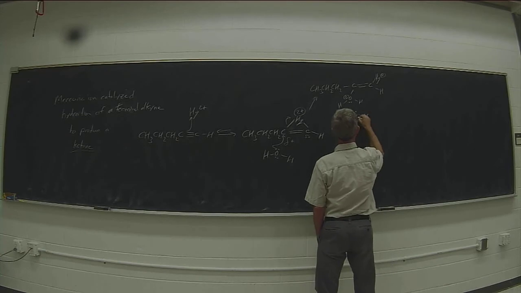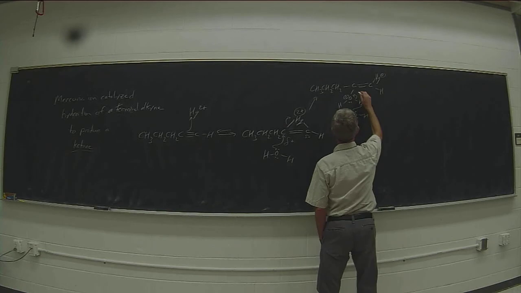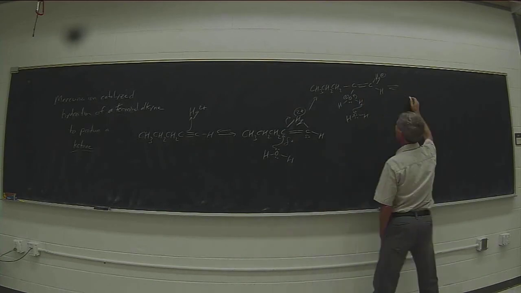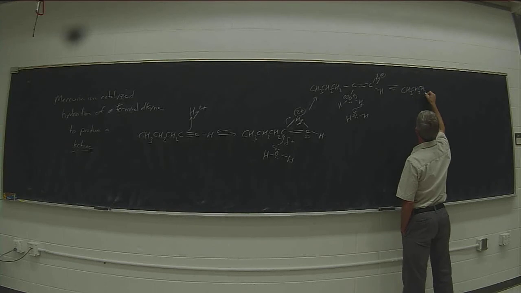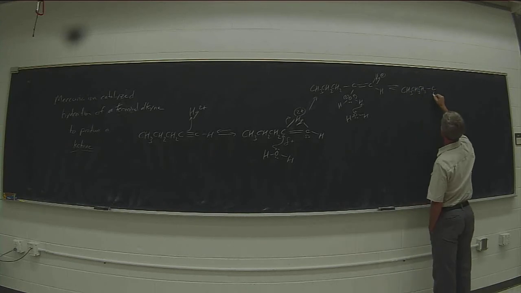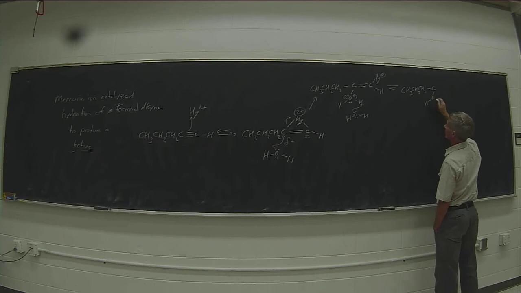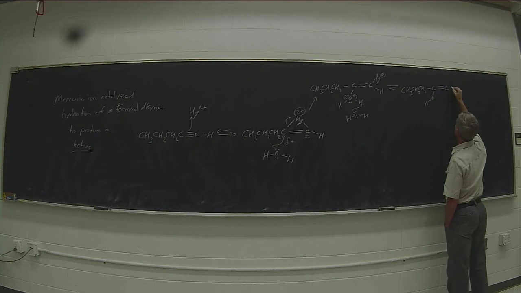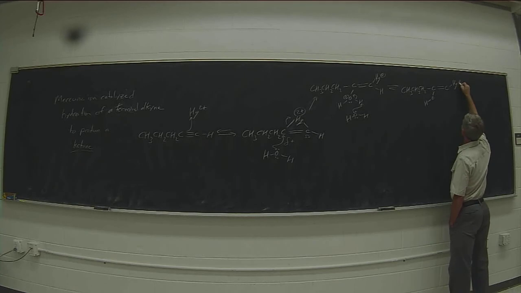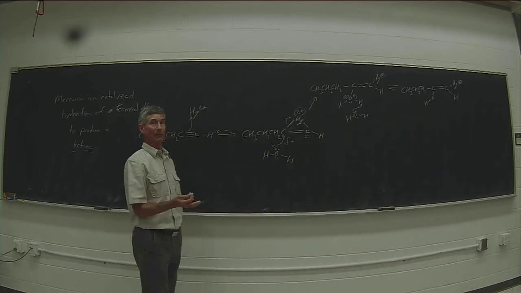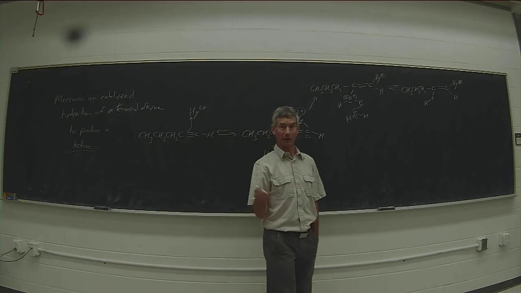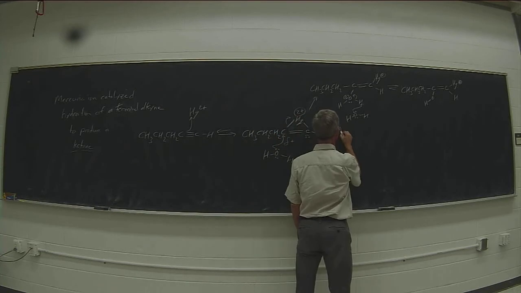We can have a proton transfer reaction where this hydrogen is removed to generate a neutral alcohol. And you'll notice that this was an anti-addition, although that's not particularly relevant in the final product, because the final product will be a carbonyl compound.